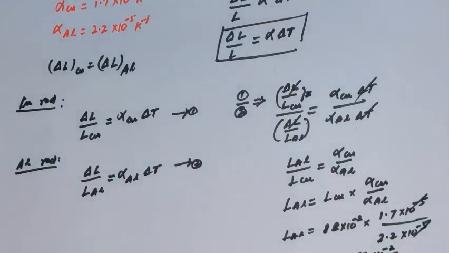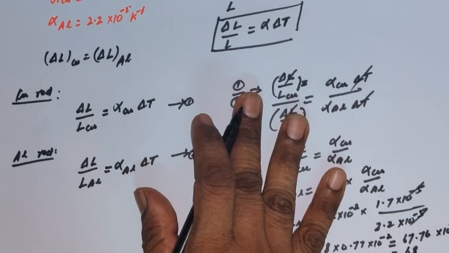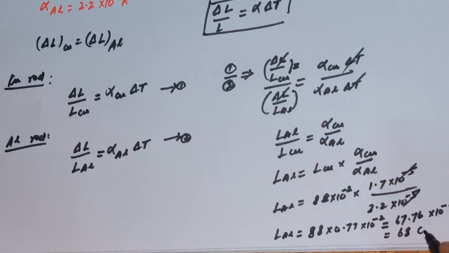Multiplying 0.77 by 88 gives about 67.76 into 10 power minus 2, or we can write it as 68 centimeter.